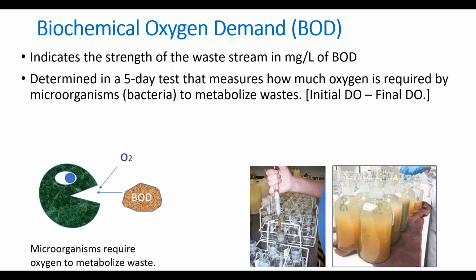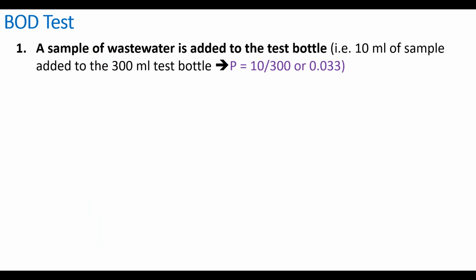So basically you add a sample to a 300 milliliter BOD bottle and you look at the initial dissolved oxygen content and the final oxygen content, and you figure out how much oxygen was used. I'll give you a simple example. If you use pure wastewater, it would probably just use up all the oxygen before the test was done.